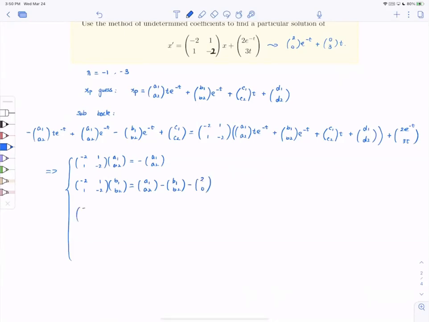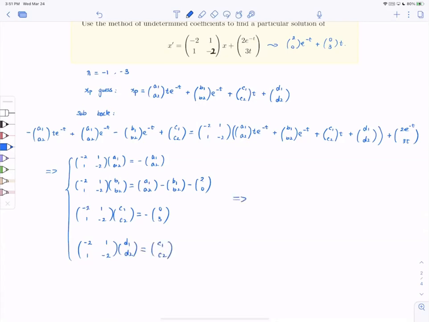And here you can have -2, 1, 1, -2, c1, c2 equals to -0, 3. And lastly, you can have -2, 1, 1, -2, d1, d2, which equals to C1, C2.